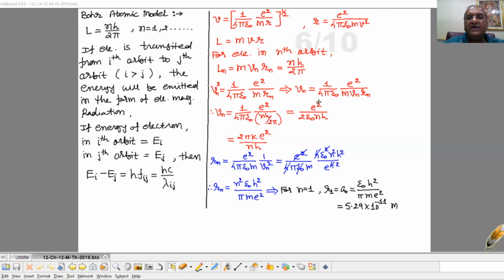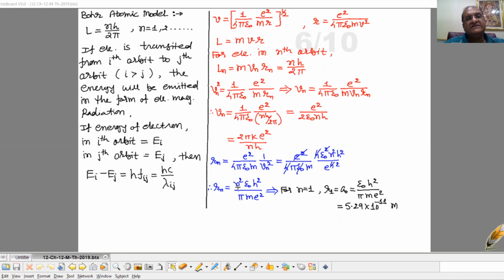So Vn square is e raised to 4 upon 4 epsilon 0 square n square h square. So that denominator to denominator is written here in numerator. Now epsilon 0 cancels, 4 cancels, e square will cancel. Finally, you will get the radius of nth orbit, that is n square epsilon 0 h square upon pi m e square.